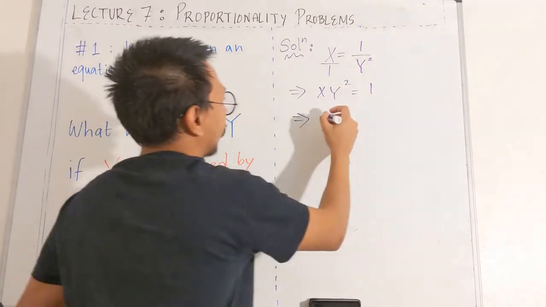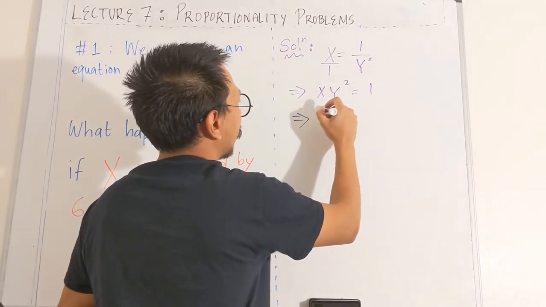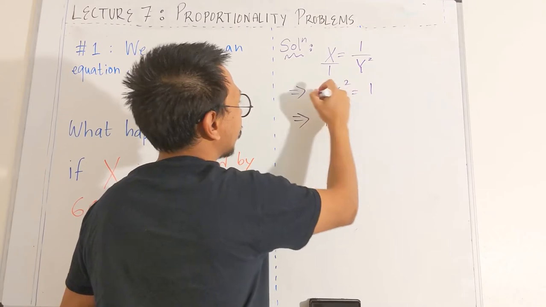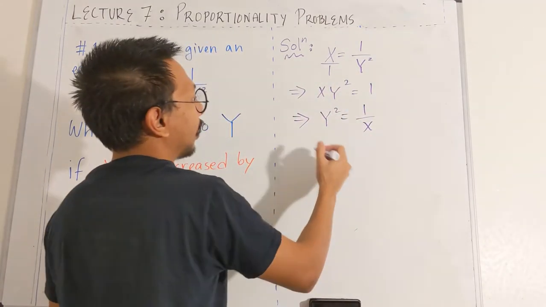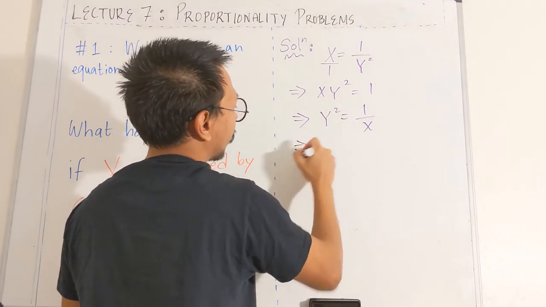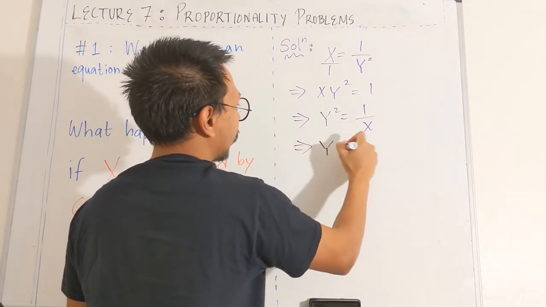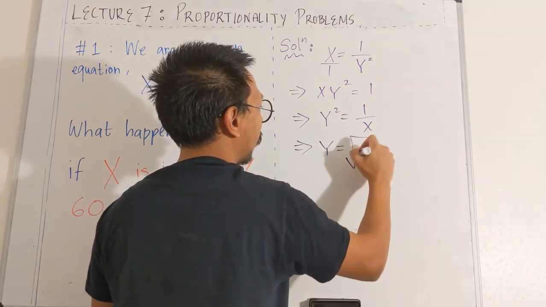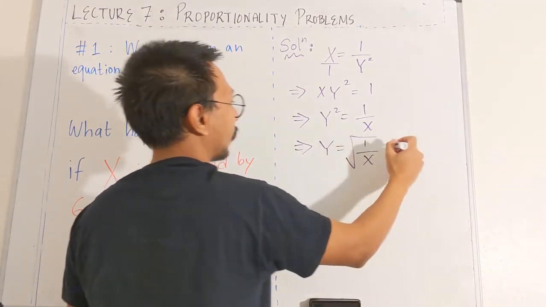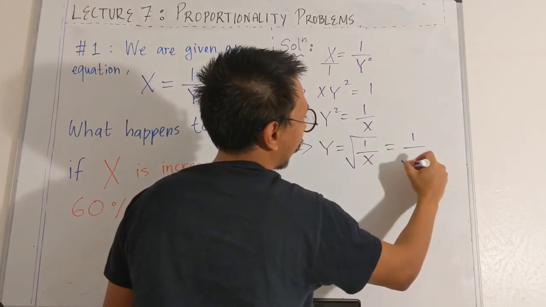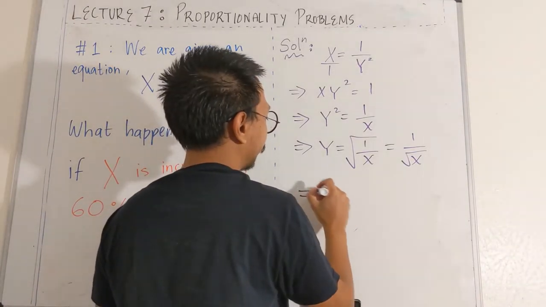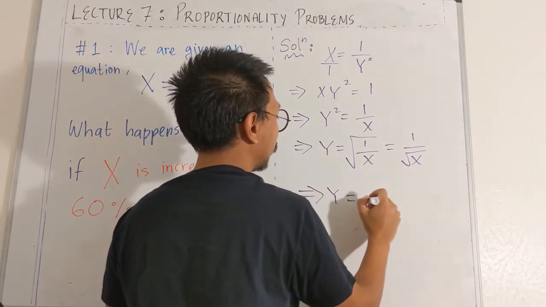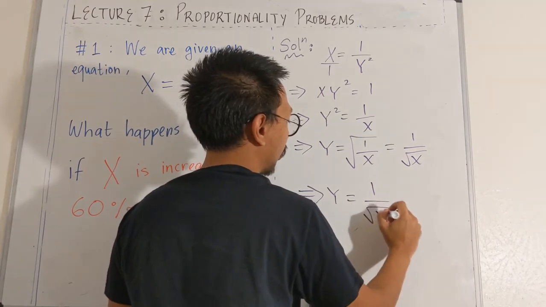And then that means y squared, divide both sides by x, gives you 1 over x, and so y is actually the square root of 1 over x. So the square root of 1 is still 1, the square root of x we don't know. So our new equation is y equals 1 over square root of x.